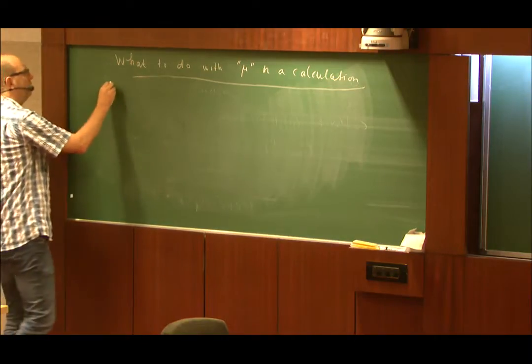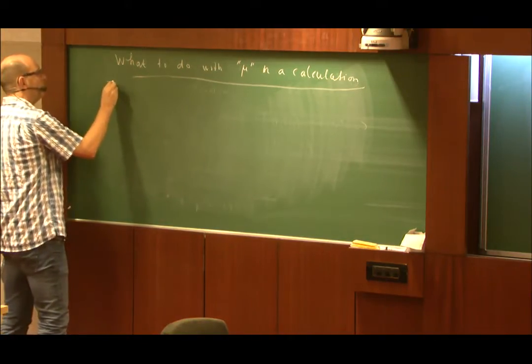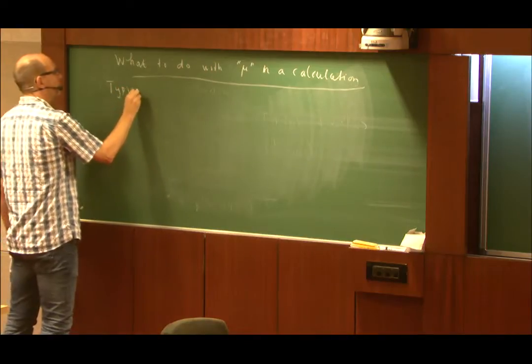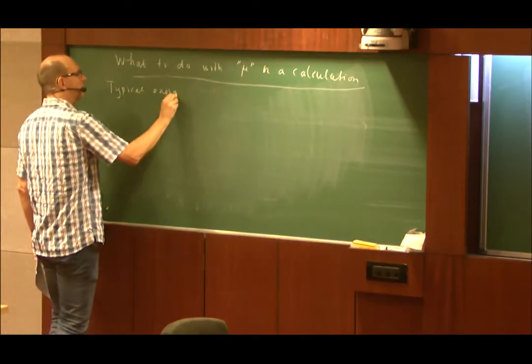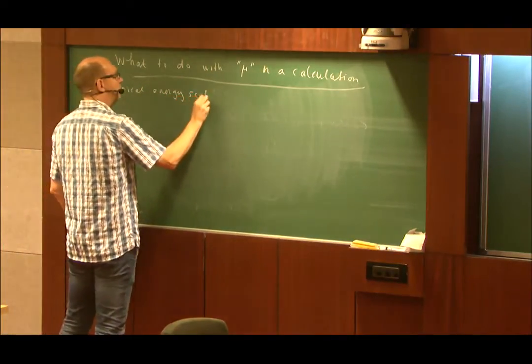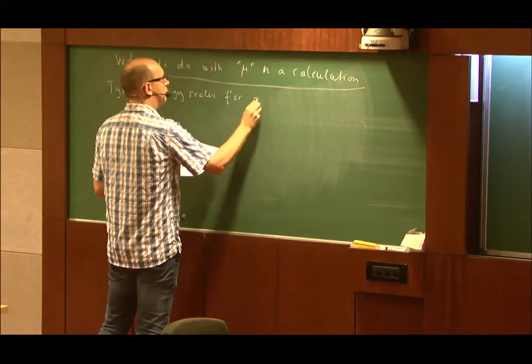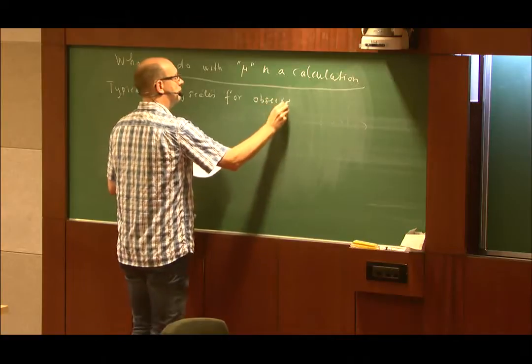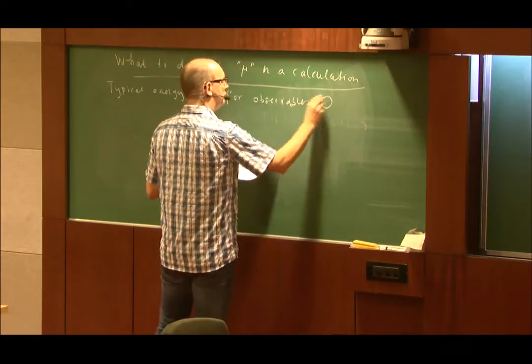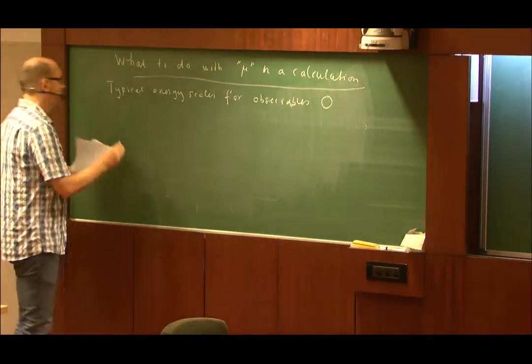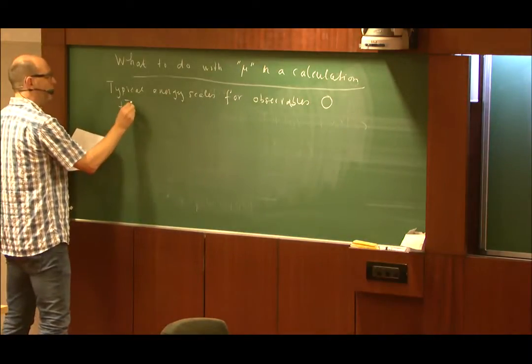Now, there is such a thing as typical energy scales for observables O. Let's give a few examples. So t tbar production, which we already discussed.